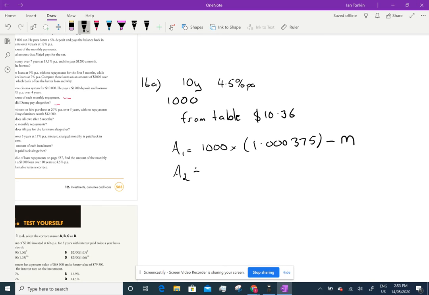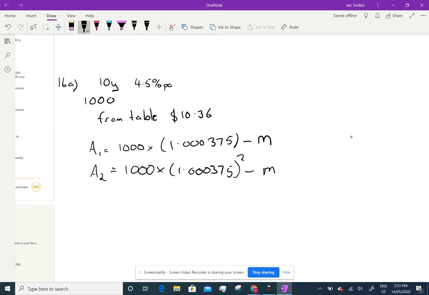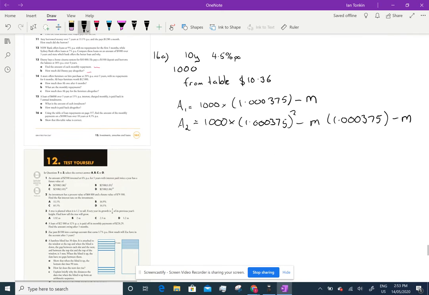A2 is 1,000 times 1.000375 squared minus M times 1.000375 minus M. Okay, we're going to do this for 10 years, every month. So 10 times 12, we're going to A120.